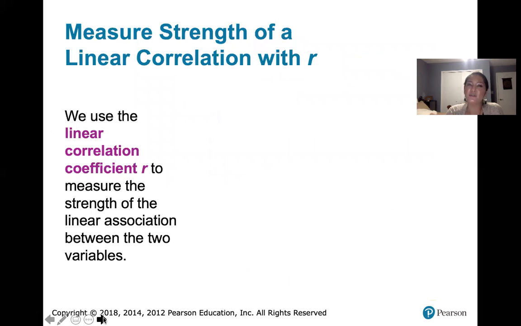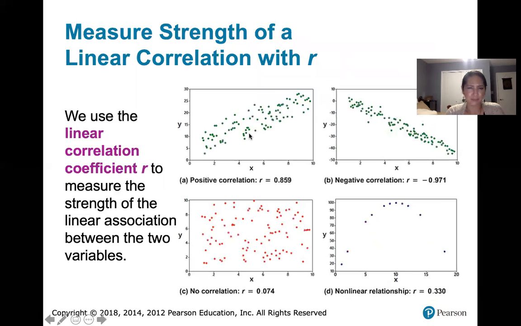Now, when we're trying to interpret these r values, remember the r value is used to measure the strength of the linear association or relationship between the two variables. So on this first picture, in picture A here, we see a graph of paired data, and it looks approximately linear.